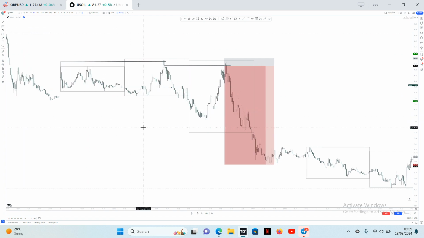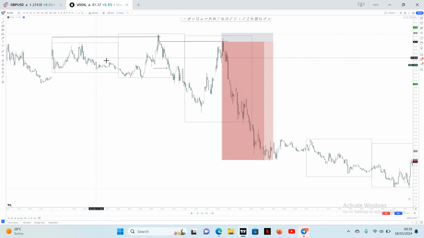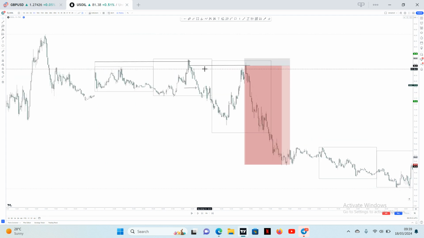So this is now my accumulation A, my manipulation M. So quarter three is now supposed to be my distribution phase. And that is exactly what quarter three did. It tapped into your order block, or your demand zone or supply zone, and then we rode price to the downside.